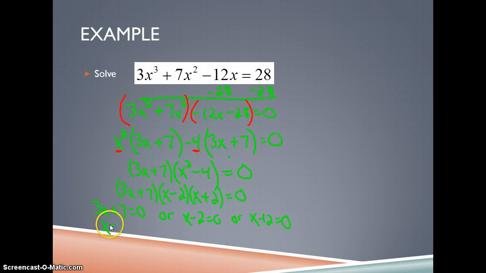We get x is equal to negative 7/3, x is equal to 2, x is equal to negative 2. Those are our 3 possible solutions to this polynomial equation. To refresh, we first had to set it equal to 0. We then had 4 terms with an odd degree, so we thought grouping, which did work out in this case, and we kept factoring until we had our 3 real solutions.